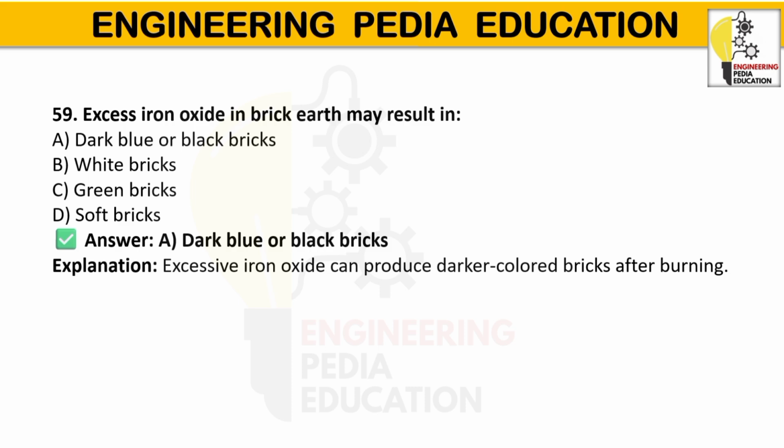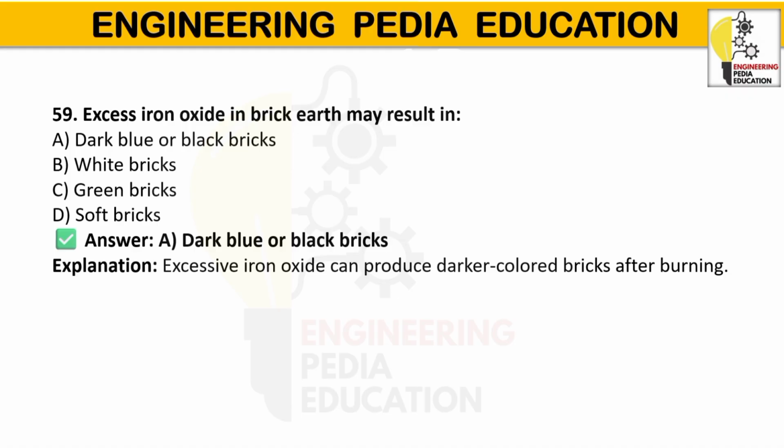What is the brick composition? Brick composition is silica 50 to 60%, lime 5 to 10%, alumina 20 to 30%, iron oxide 5 to 7%, and magnesia less than 1%.